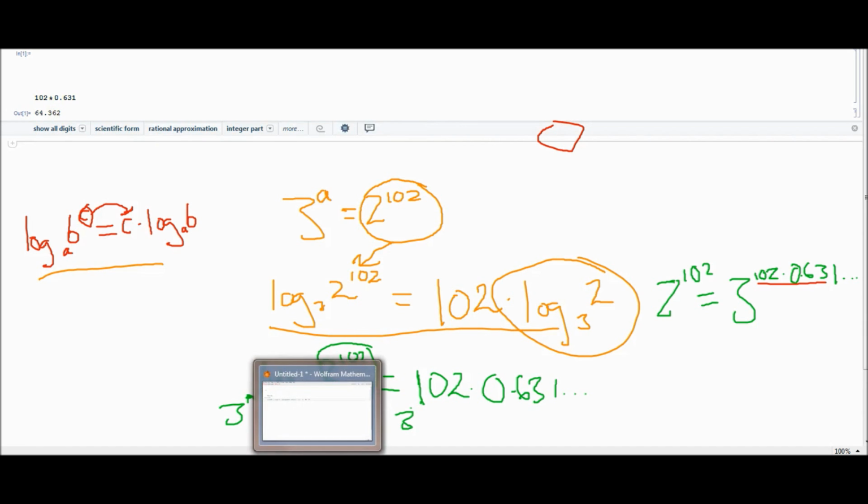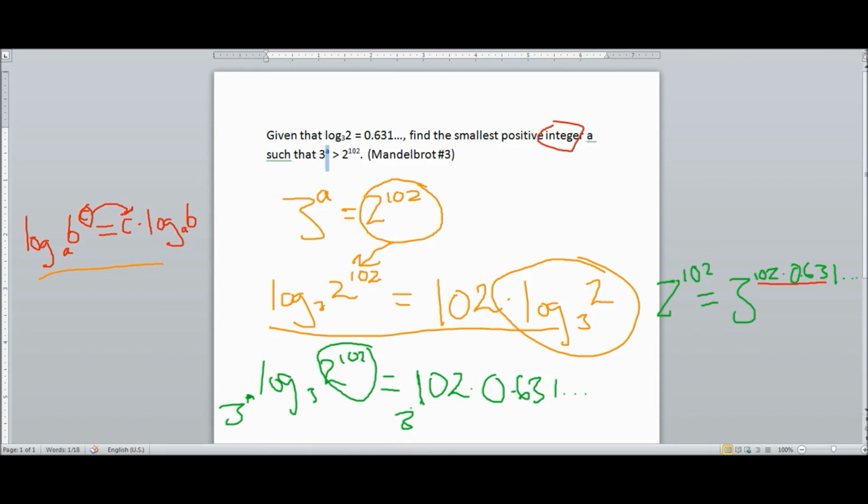So let's look back at the problem. 64.362, based on the information we have, should be the smallest positive number that satisfies this equation, right? But it's not equal to. So we have to round up, because we need an integer and we need it to be greater than, not equal to. So we round up to 65, and sure enough, that is our answer.